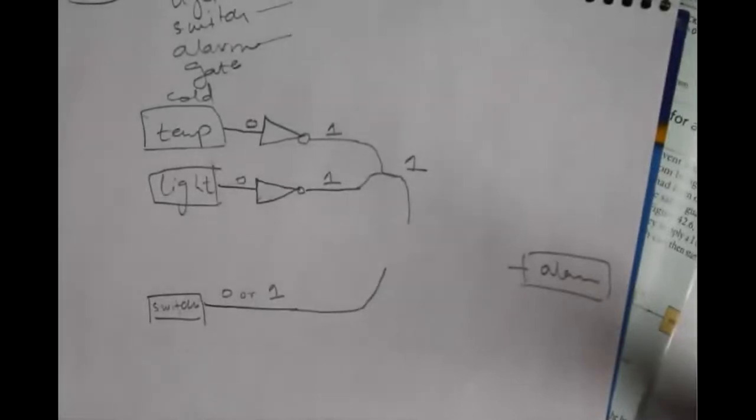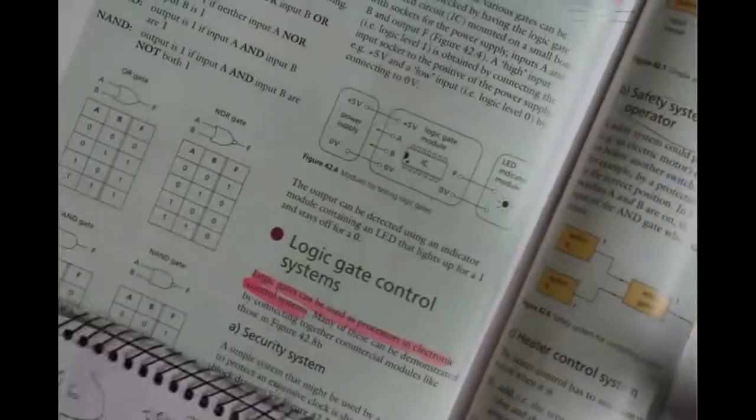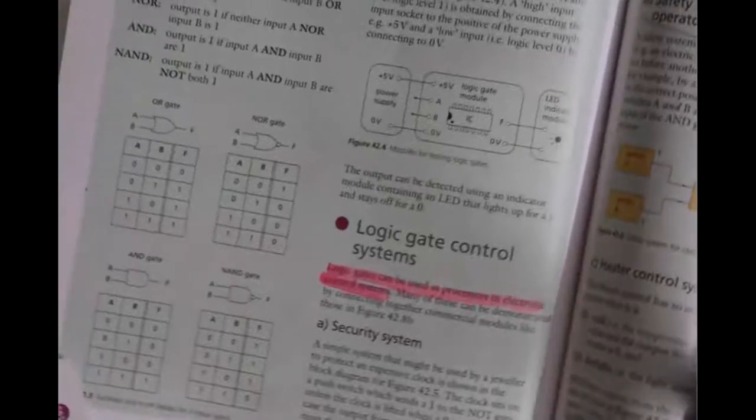My table just got cluttered. Just a sec. Okay, let me share my screen again. Keep the truth tables right in front of you so that you can easily refer to them.